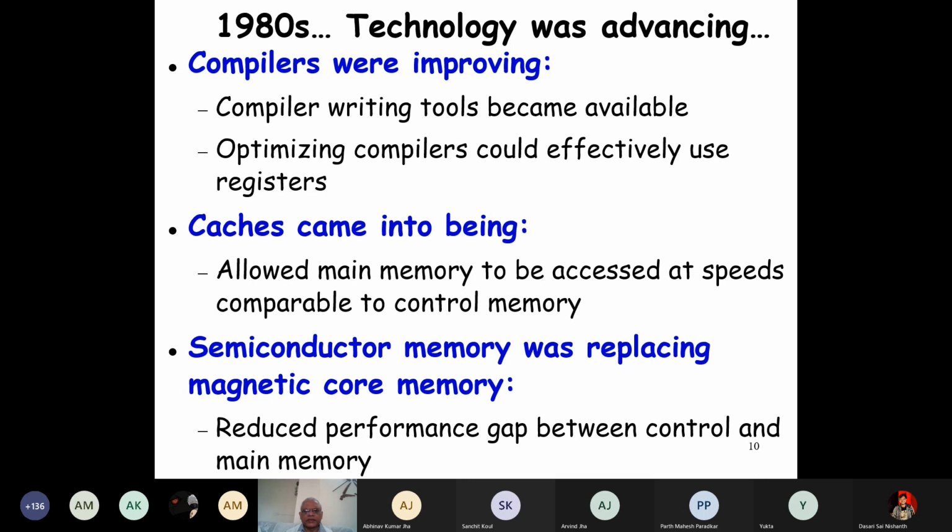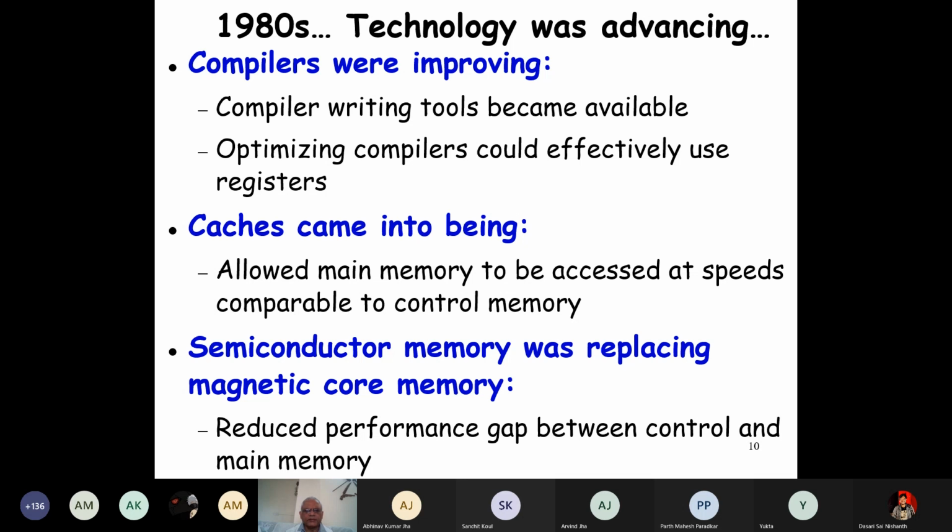But then the compilers were improving. Compiler writing tools, lexical analysis, semantic analysis became available. Optimizing compilers became available. And slowly the number of semiconductors increased, and we could afford caches inside the processor, initially outside the processor, and later inside.